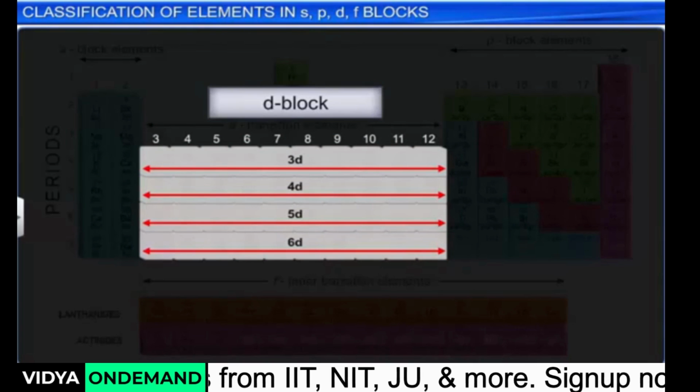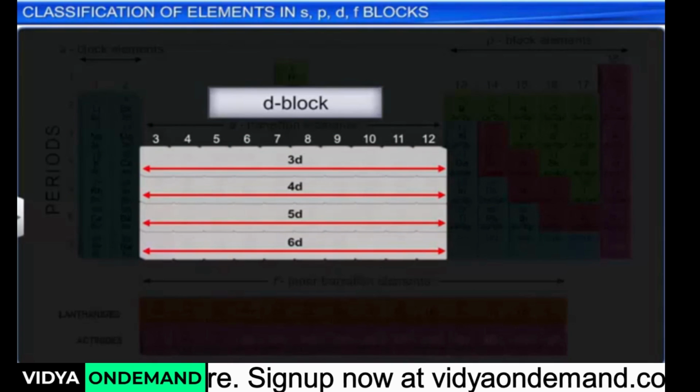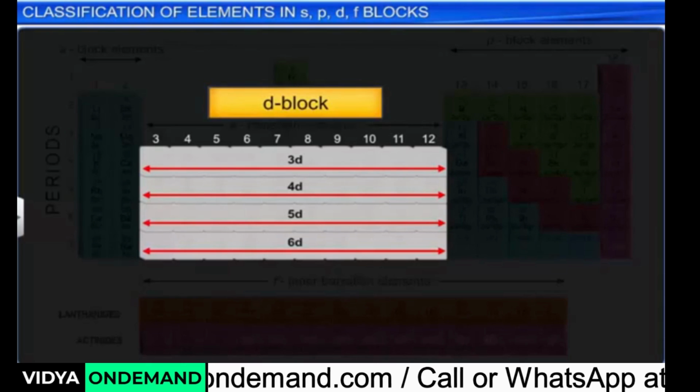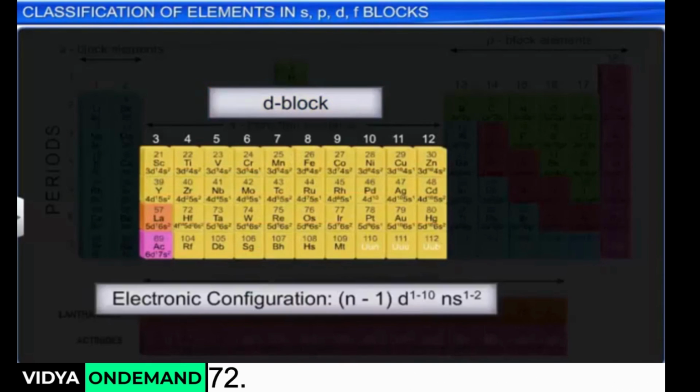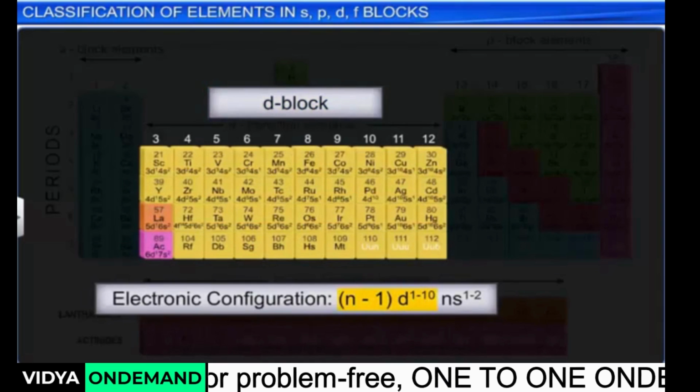These elements have an outermost electronic configuration of (n-1) d1 to 10 ns1 to 2. The d-block elements are placed between the s and p-block elements.